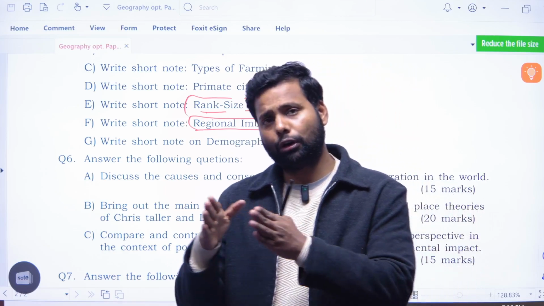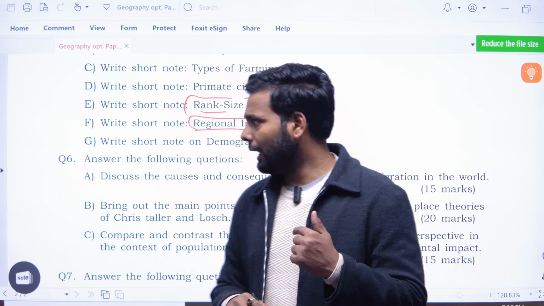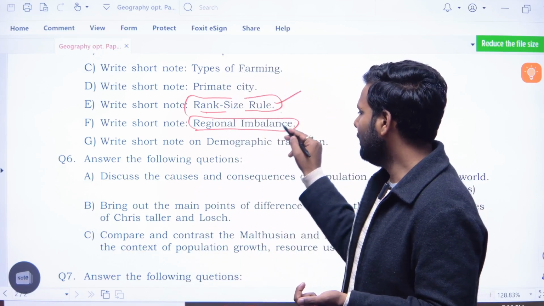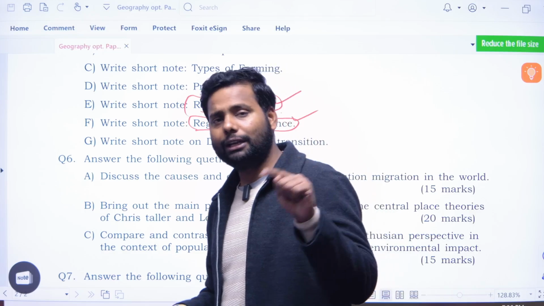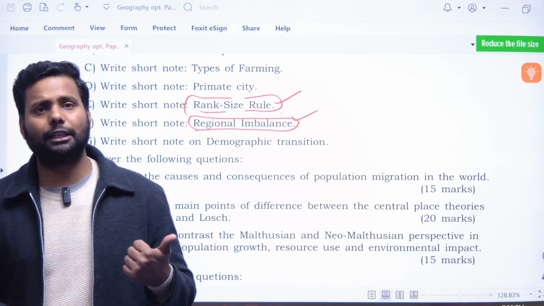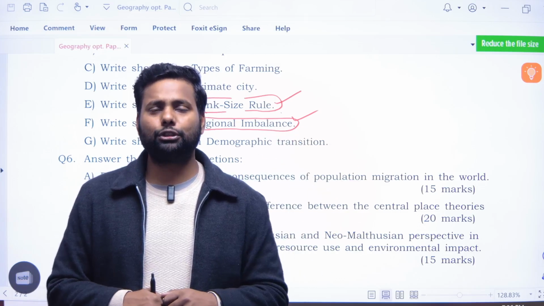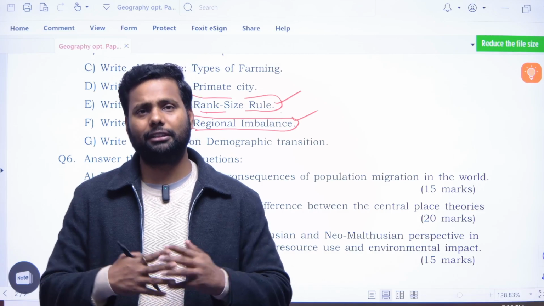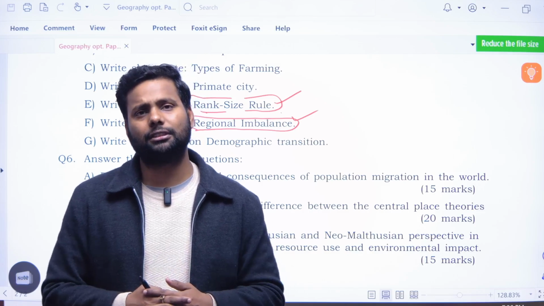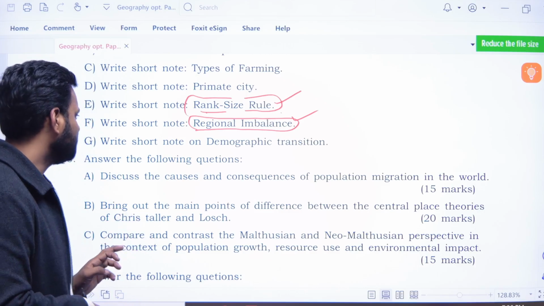So you have to talk about regional imbalance: one reason is natural and the second is a dynamic reason, where the government policy, the approaches of humans, the behavior and the culture bring so many variations. You have to put it down simply.